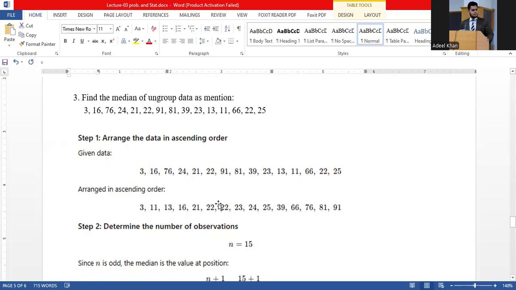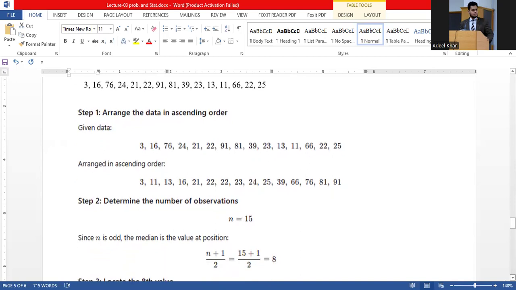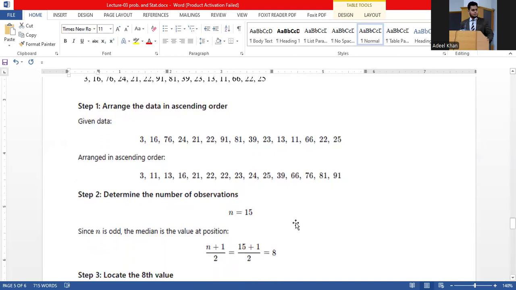After that, we need to arrange it in ascending order in the second step, and the number of observations is 15. Total number of digits is 15. So 15 is an odd number, not even. For an odd number, to find the median we use n plus 1 divided by 2.